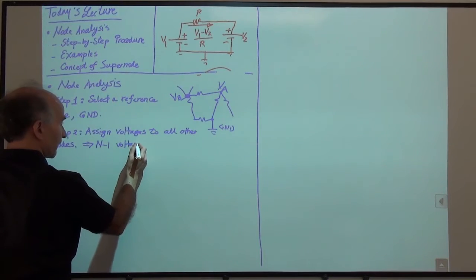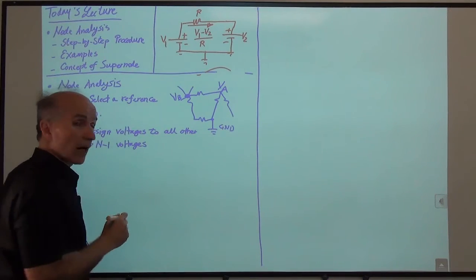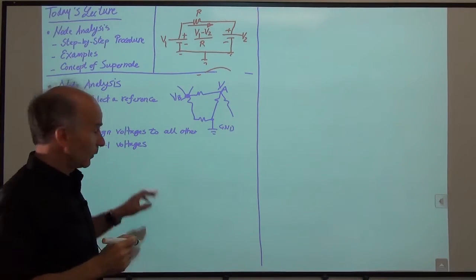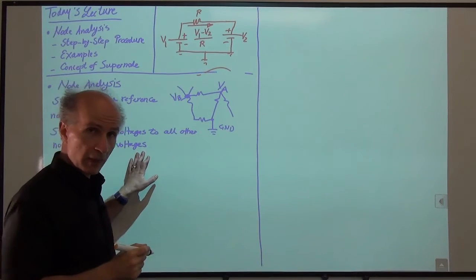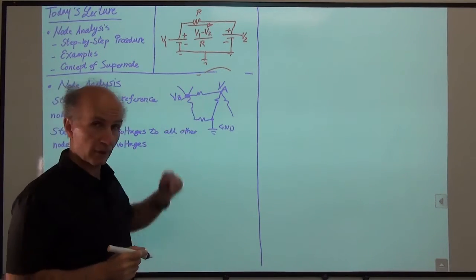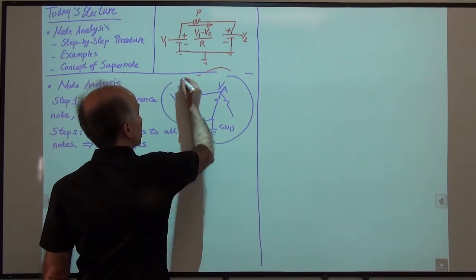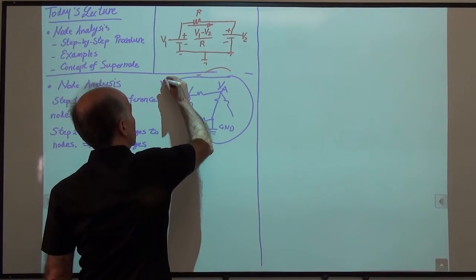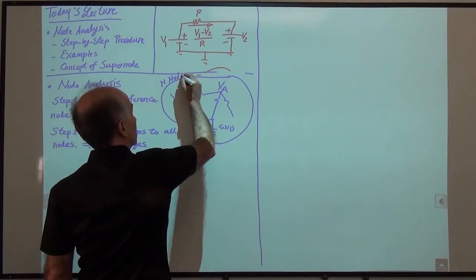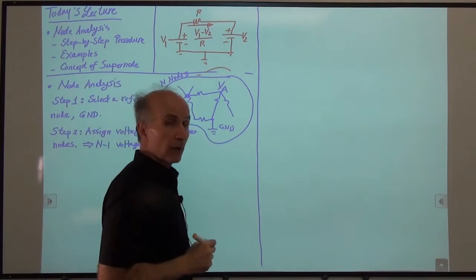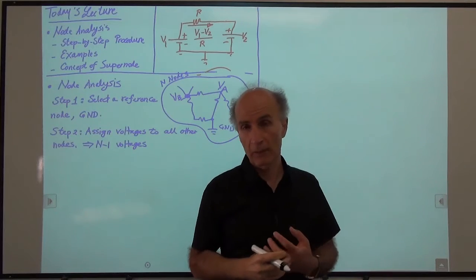These are voltages that we have assigned and are unknown at this point. So we need to find n minus 1 voltages, VA, VB, etc. Okay, so let's say that this whole circuit, when you started out, has n nodes, and now we have identified n minus 1 unknowns that we have to find.